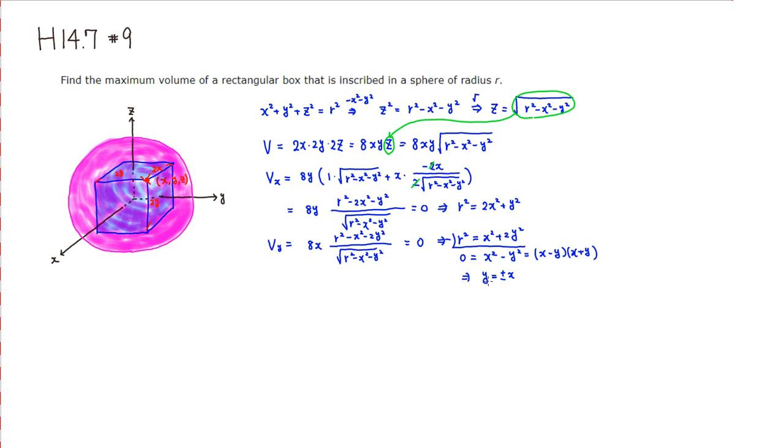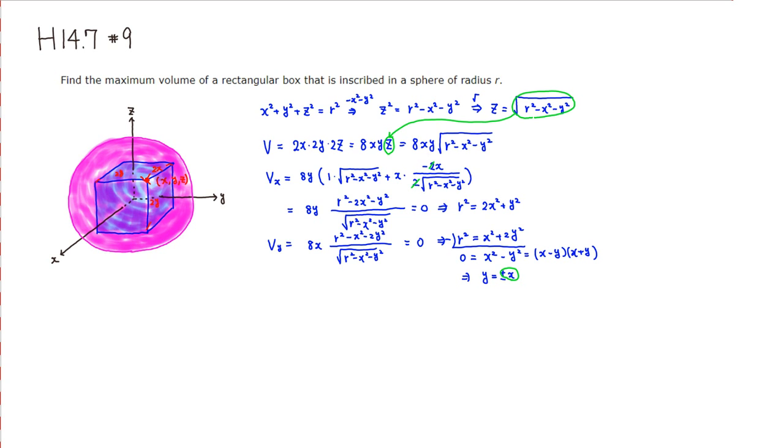But in this case, x, y, z is sitting in the first octant. So x is positive, y is positive, z is positive. So we don't have to worry about y equals negative x. It's going to be y equals positive x. So y and x are equal to each other.